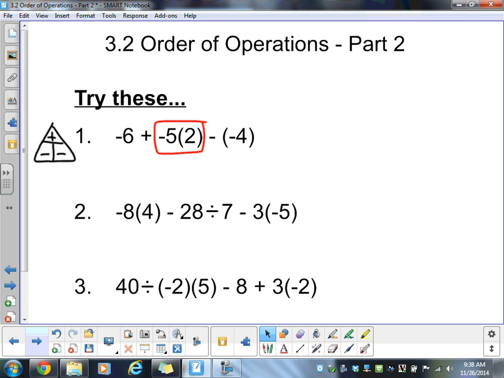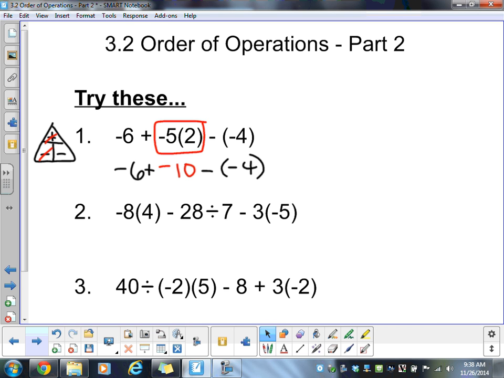If I have a negative times a positive, my answer is going to be negative. So I'm going to write down my negative 6 and my plus sign. I know negative 5 times 2 is negative because of my triangle, and then 5 times 2 is 10. And I'm going to finish off by writing the rest of my problem.